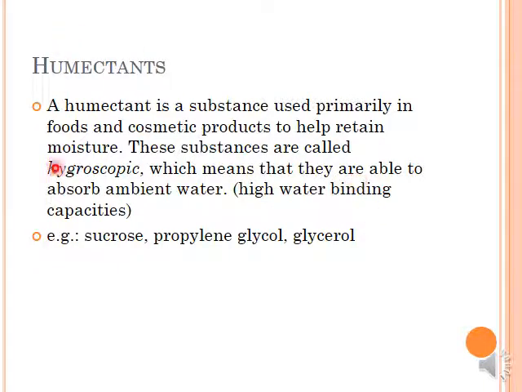Examples of humectants include sucrose, propylene glycol, glycerol, sodium chloride, or salt. These are good water binding substances to decrease water activity in food, and thus extend the shelf life, or improve the shelf stability of food.